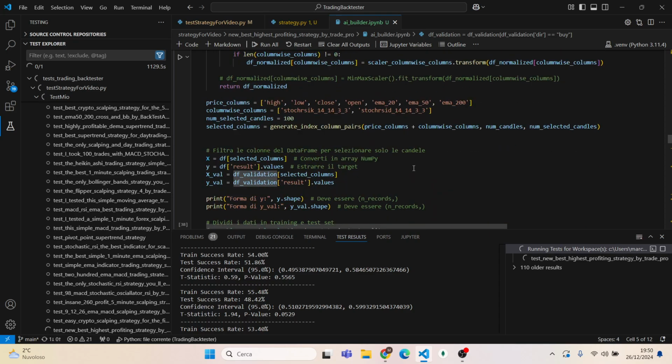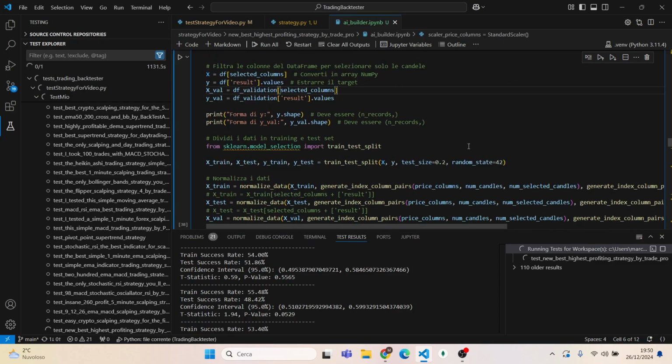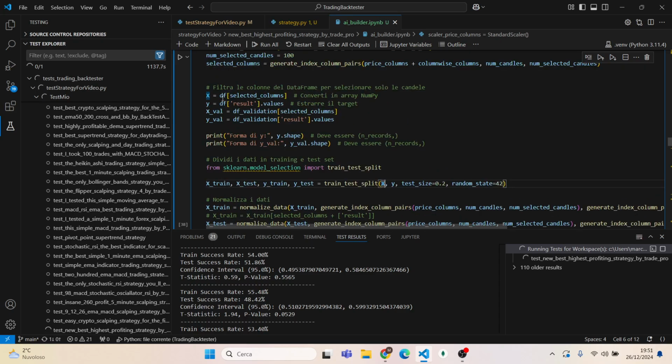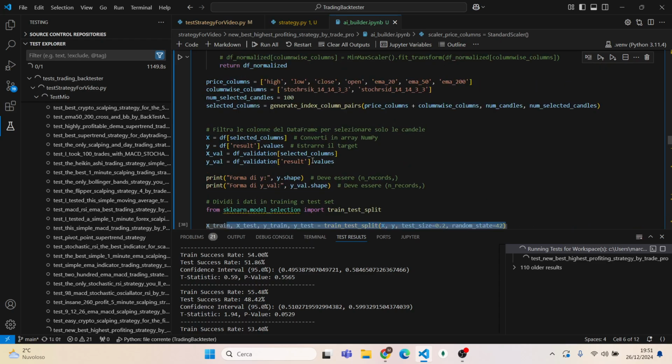So let me show you what I'm saying. As you can see here, I'm splitting the X dataset, that is the DF train, the data frame train. So I will split it into two parts, the train and test. Here are the settings, I'm splitting them.